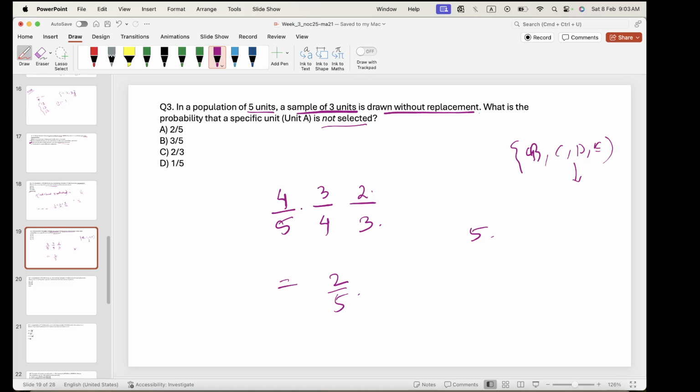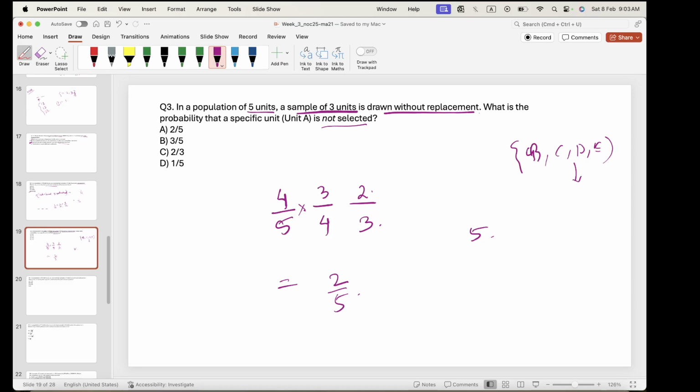So that is for the first trial. In the next unit, one is already selected, so from the entire pool one is removed. Now the probability of choosing A is 1 by 4, and of not choosing A is 1 minus 1 by 4, which is 3 by 4.